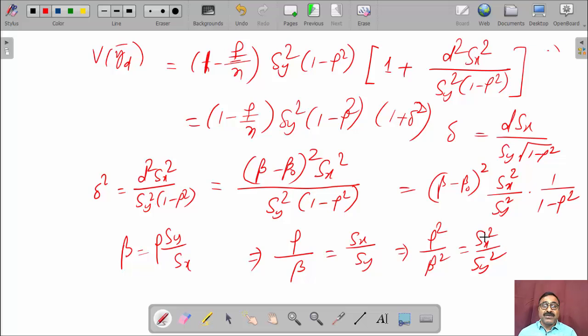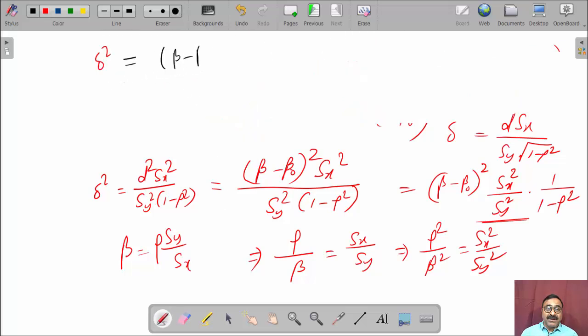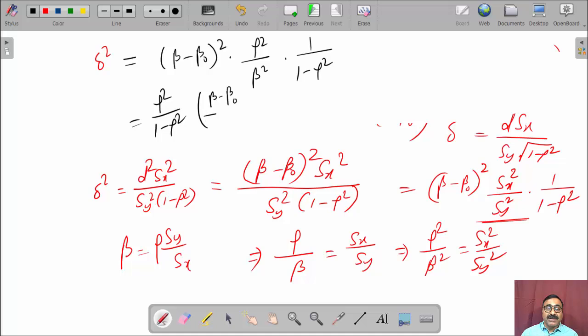So now, using this value here, we get δ² equal to (β − β0)² into ρ² by β² into 1 by (1 − ρ²). So that is equal to ρ² by (1 − ρ²) into ((β − β0) by β) whole square.